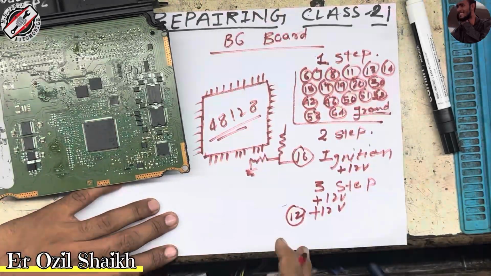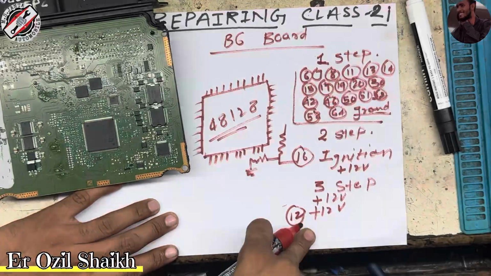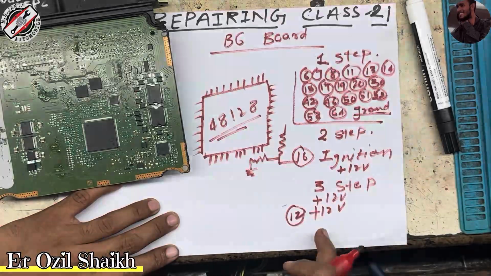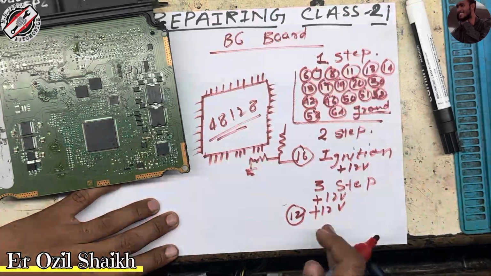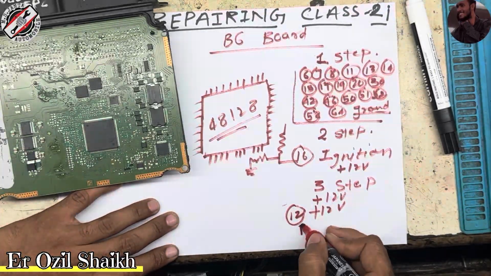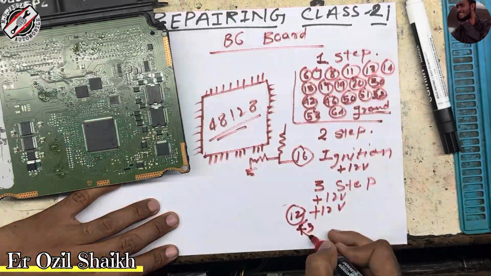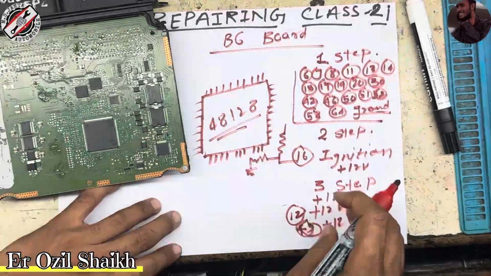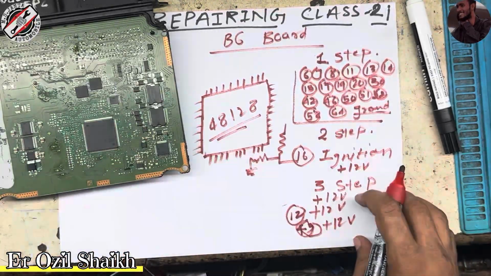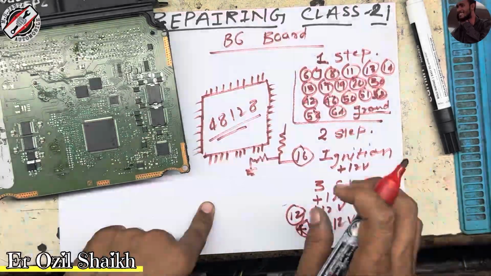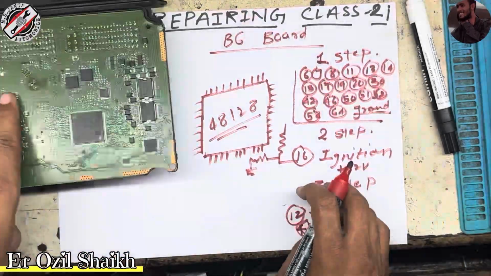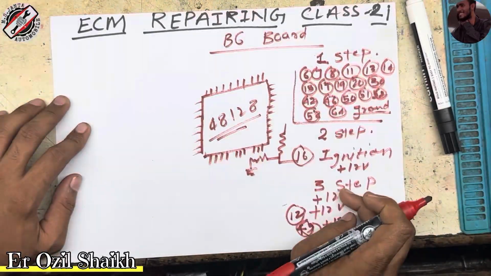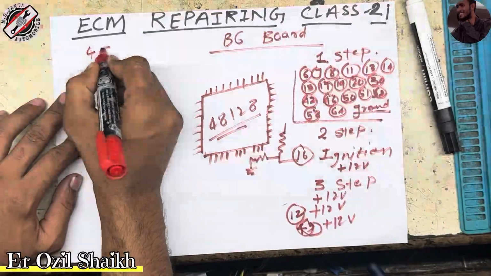After that, that voltage comes inside. This is called the 12 volt after main relay on. Okay, and pin number 45 is also 12 volt after main relay on. So these two voltages should be on your board. If any voltage is missing, that means you have to check it. Okay, this is the third step.